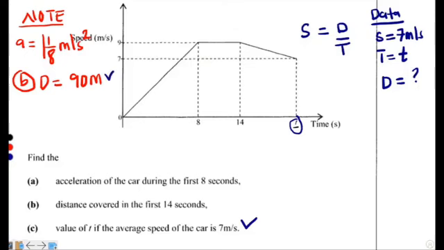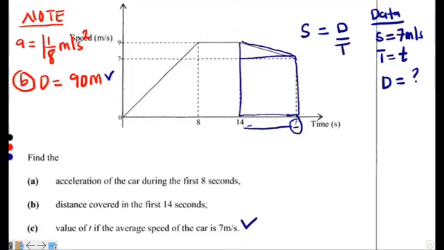So we just need to find the distance from 14 seconds, from 14 up to t right here, meaning that we will consider this shape right here. This is the shape that we are going to consider. When you look at this shape, it's also a trapezium.